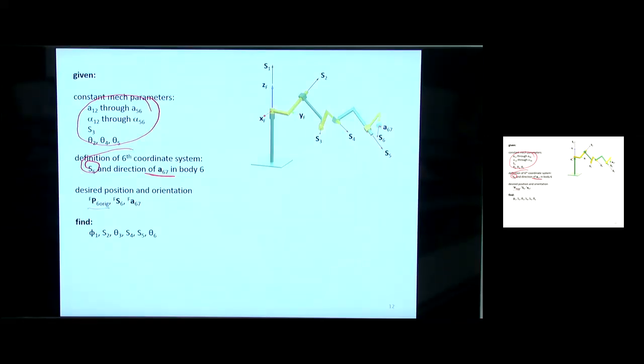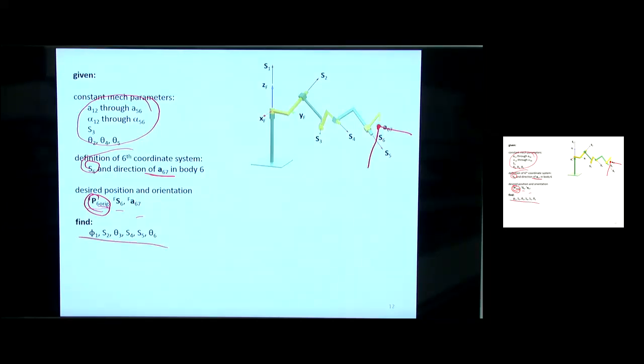I skipped the tool part here, because previously we would have said there's a tool point known in the 6 coordinate system, and I'm going to say where I want that in the fixed. And what's the first thing we did, right? We just went ahead and calculated that. So that's given now. I'm going to tell you where I want 6's origin to be, so that's that point right there in the fixed. And I'm going to tell you the directions I want for the Z and the X of that coordinate system in the fixed. So that's my desired position and orientation.